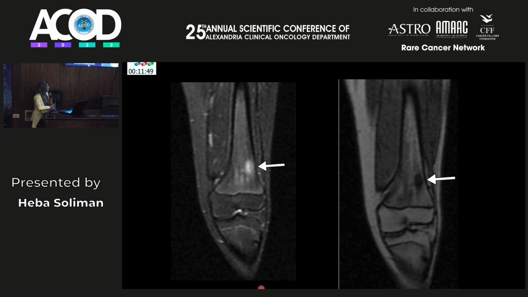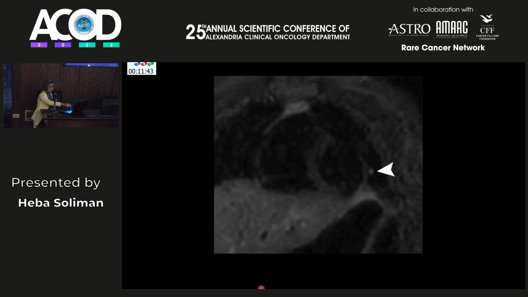This is a coronal STIR, and this is a coronal T1 delineating the infiltration. Although whole body MRI is not the primary screening tool for pulmonary metastasis, in this case it showed the pulmonary metastasis.